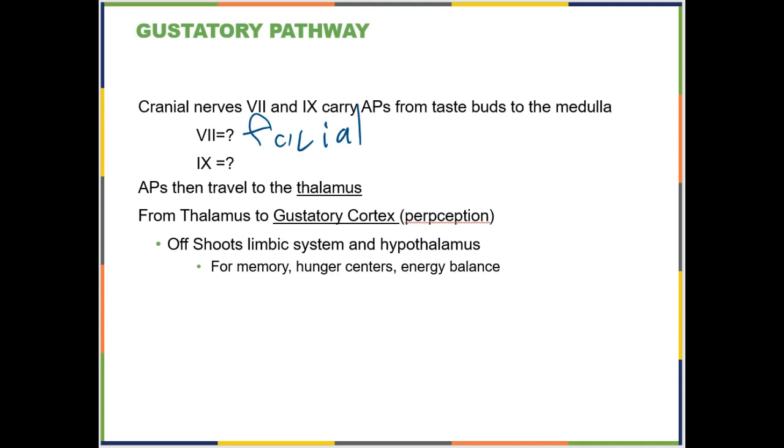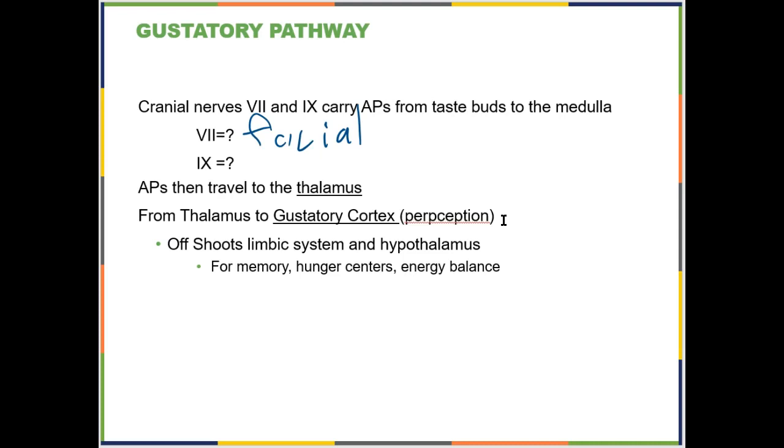And 9 is glossopharyngeal. So cranial nerves 7 and 9 are going to go to the thalamus, and they're going to dump neurotransmitter on cells in the thalamus. And then cells from the thalamus are going to project to your gustatory cortex. That is the part of your brain that is responsible for perception of taste.